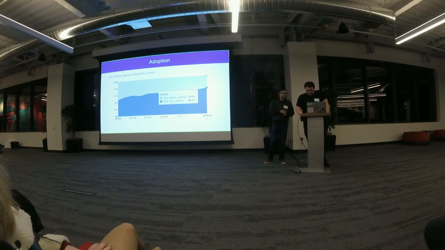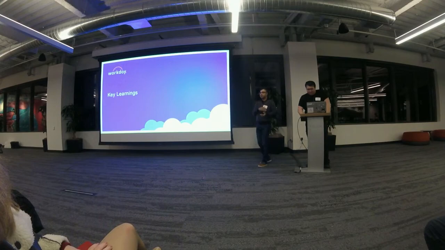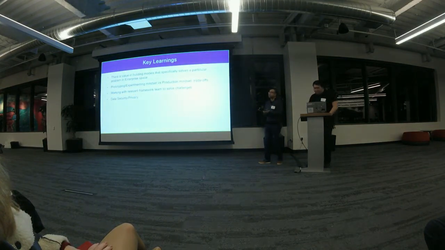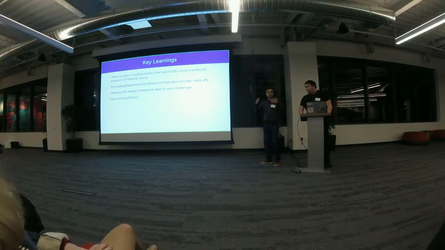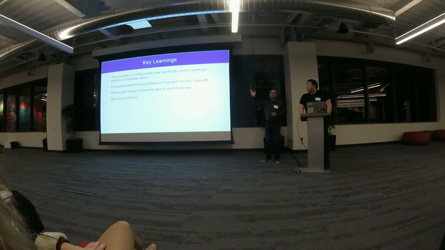Now, all this didn't come for free. There were a lot of ups and downs. Some of the key learnings we have in productizing this, building this so-called ML app development: I think Henry spoke a lot about this point and illustrated it.